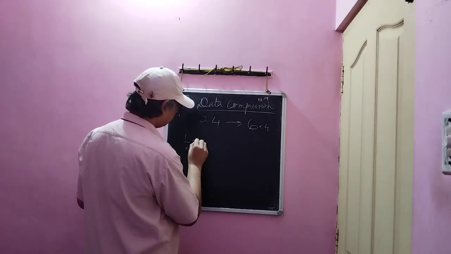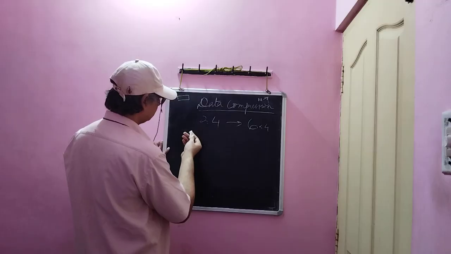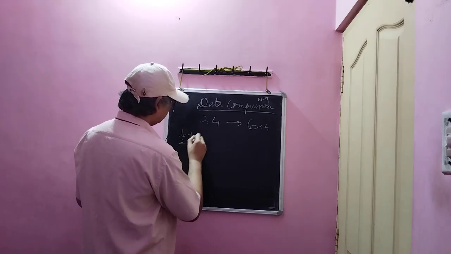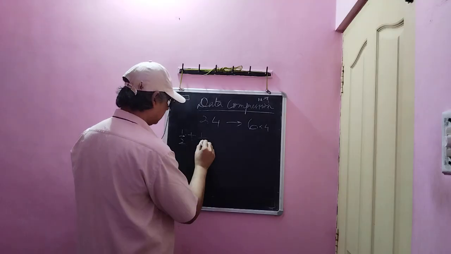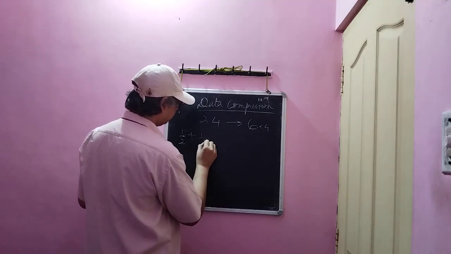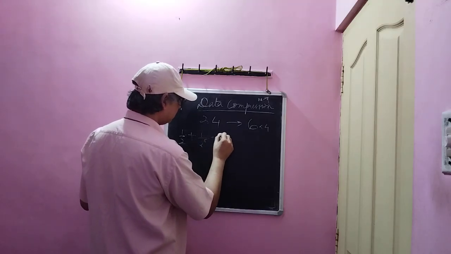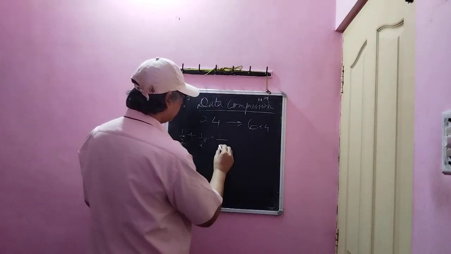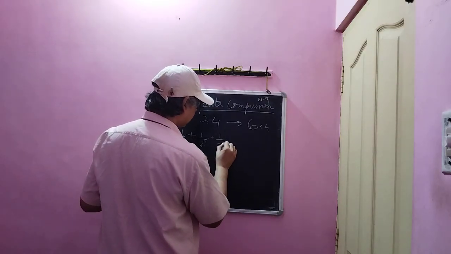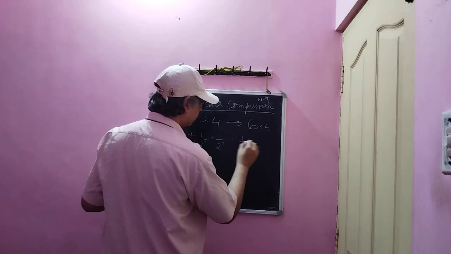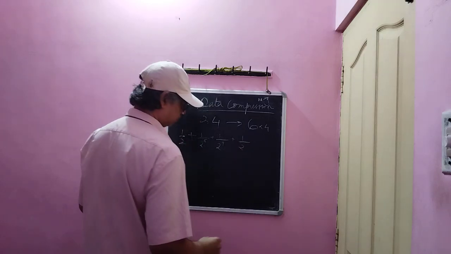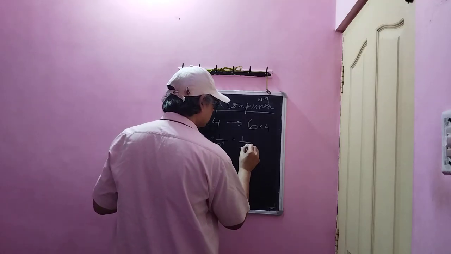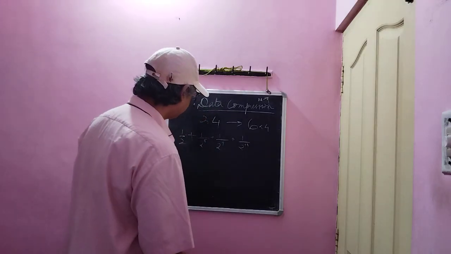The weights will be 1 by 2 plus 1 by 2 power 5 plus 1 by 2 power 9 plus 1 by 2 power 13. This is the first one.